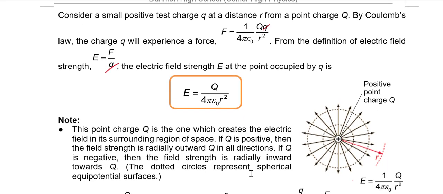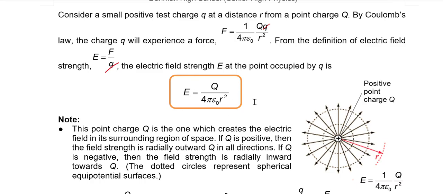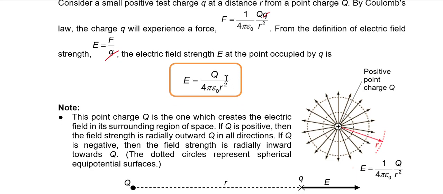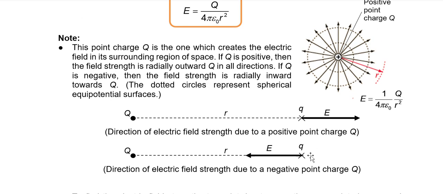Do note that the direction of this electric field depends on the charge causing the electric field. If the charge is positive, then the field direction is outwards from the charge. And if this charge is negative, the field direction is inwards.